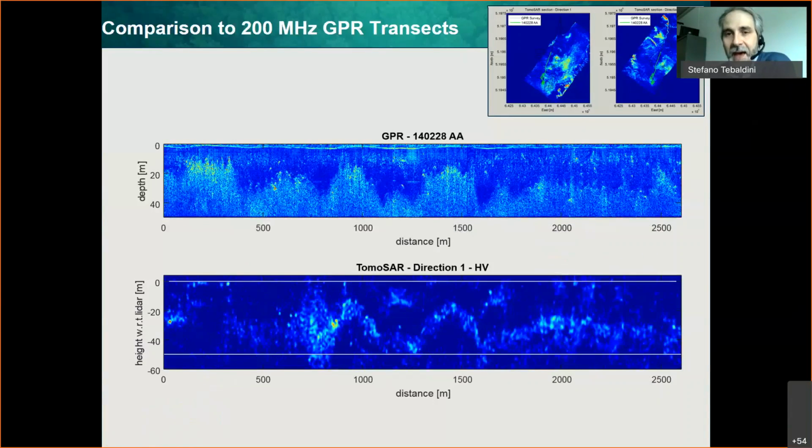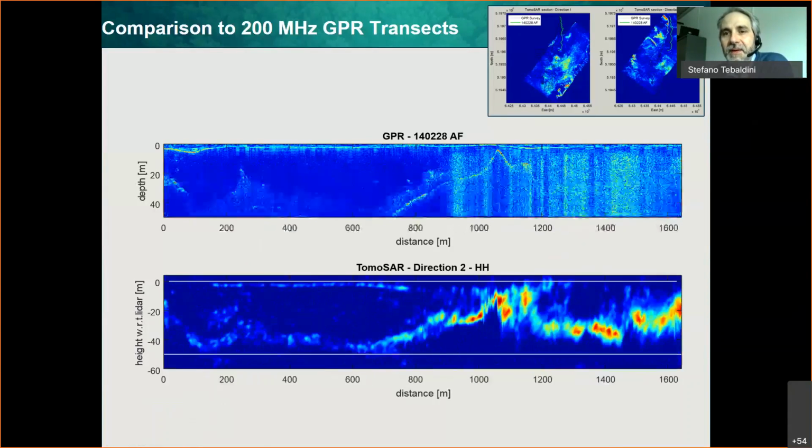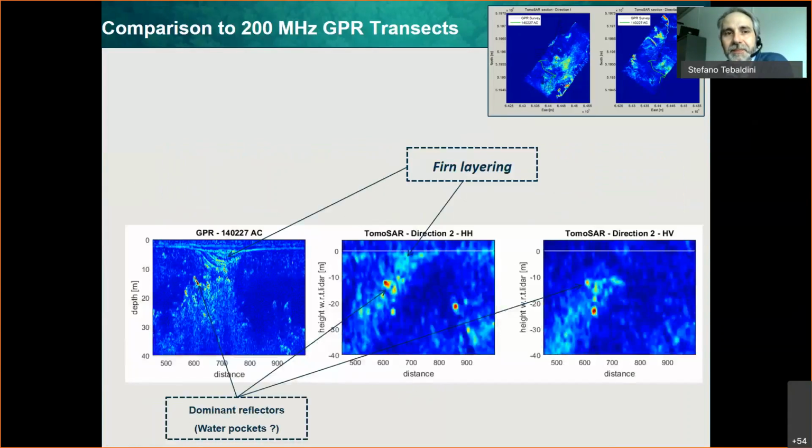And another profile, so you can see that more or less these two products are telling the same thing. And this is nice. So this is a close-up where we can see clearly some firn layering, and most likely a detection of water pockets within the ice.